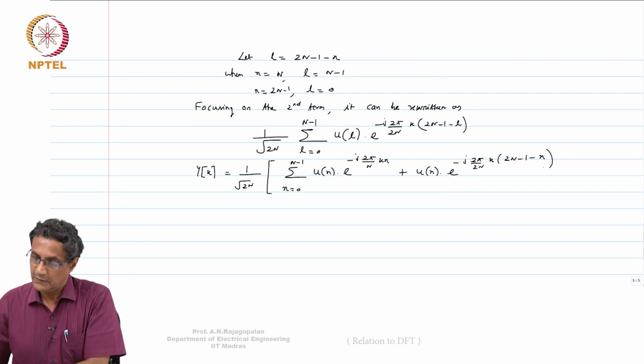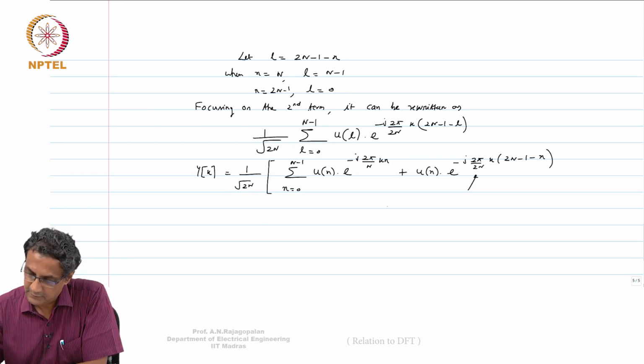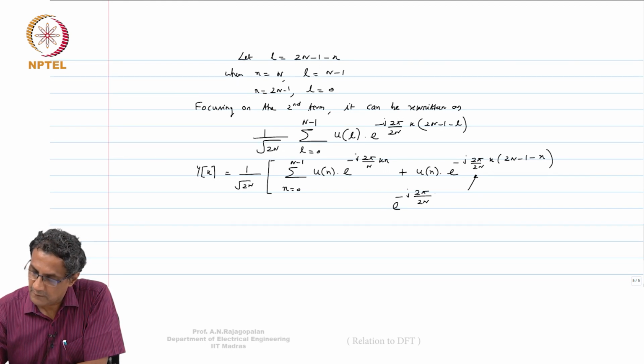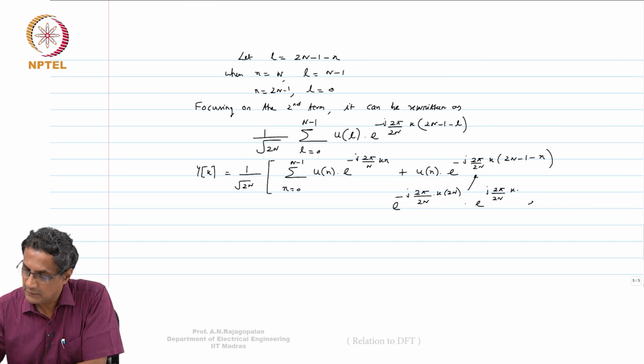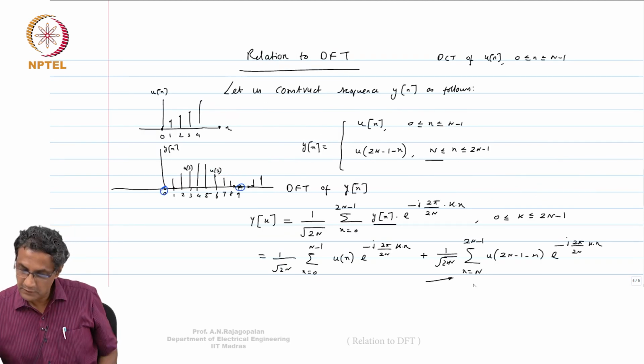Now if you look at this one, e raised to minus j 2 pi by 2n k into 2n into e raised to j 2 pi by 2n kn.